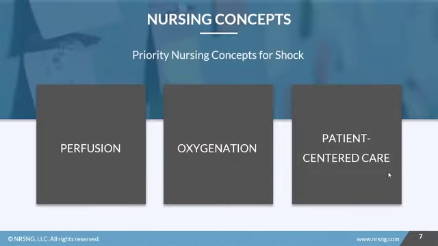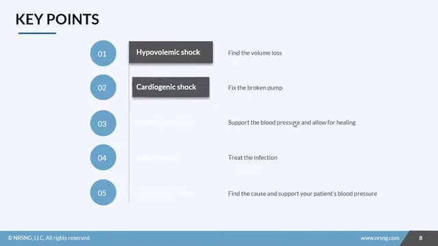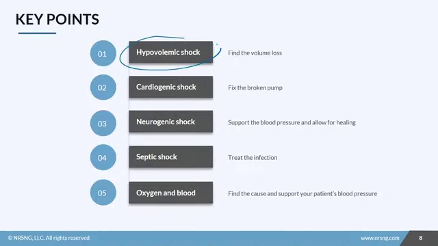For today, we really focused our nursing concepts on perfusion and oxygenation because that's really what shock is about. And we do this by supporting our patients through patient-centered care and by managing those pressures and the infection or whatever their primary cause is. So let's recap. Hypovolemic shock is about volume. We need to find the volume loss and fix it.